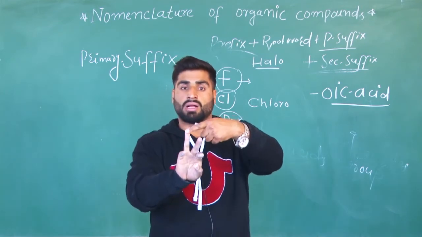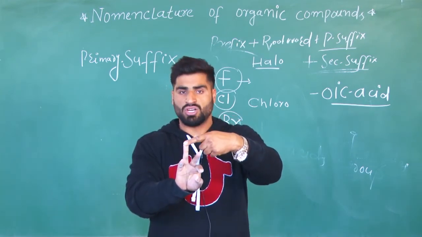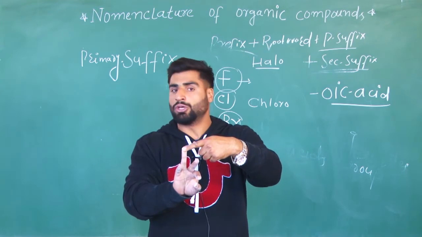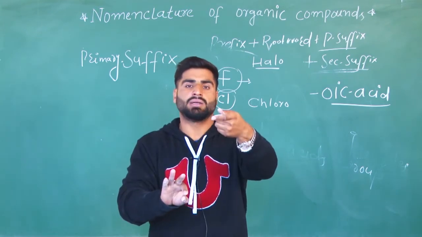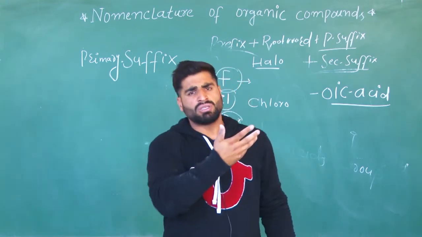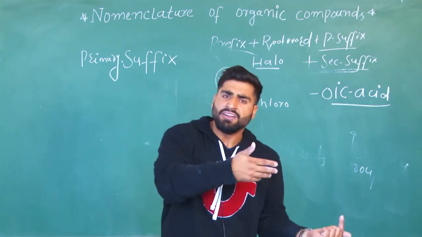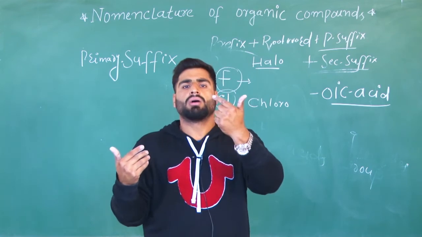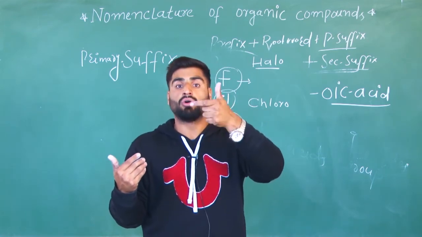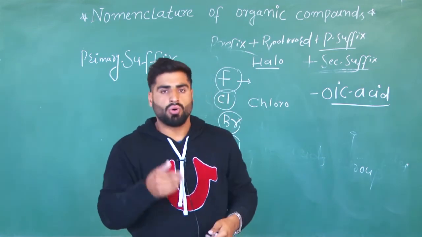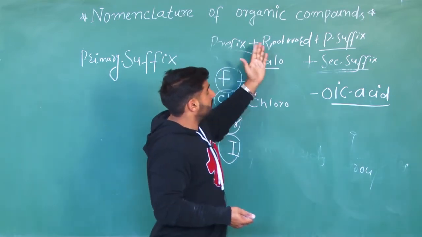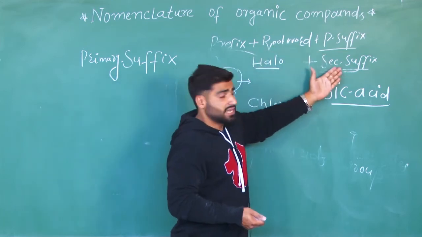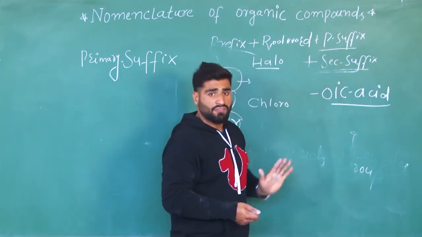Number 3, carboxylic acids, functional group carboxyl group, COOH group, secondary suffix oic acid. And for halogen derivatives, we write the prefix halo, chloro, fluoro, bromo, iodo, and so forth. So this was about primary suffix and secondary suffix.